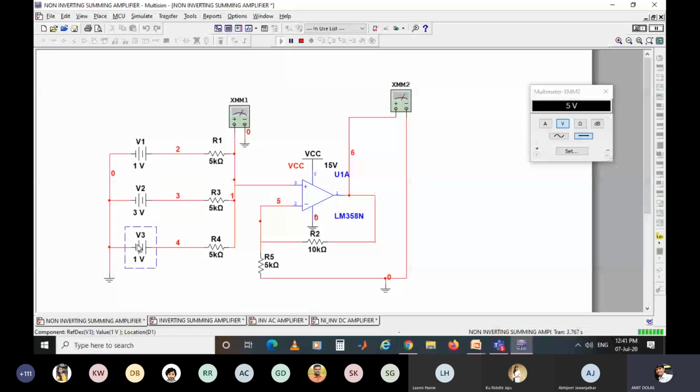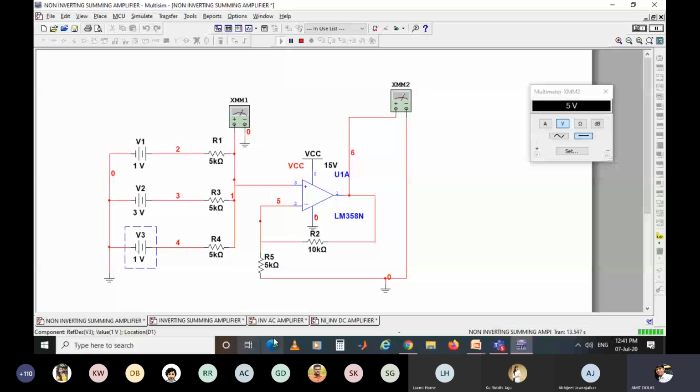In this way, you can simulate a very simple circuit and cross verify whatever design you made using pen and paper, whether it actually works in the simulation software. If you are getting close results in the simulation software, then you may go for the hardware.